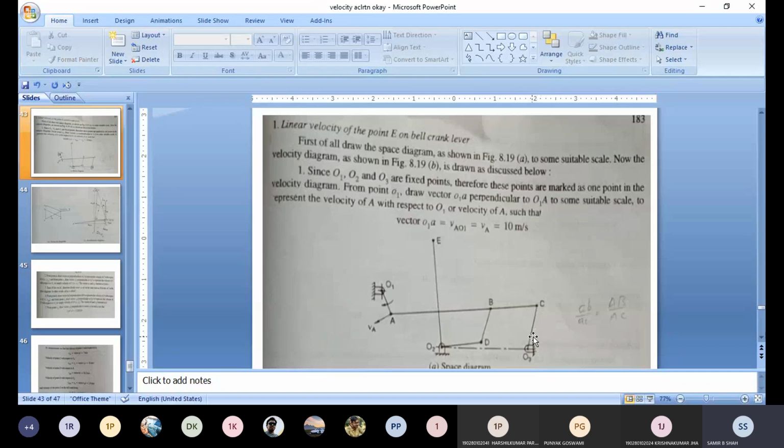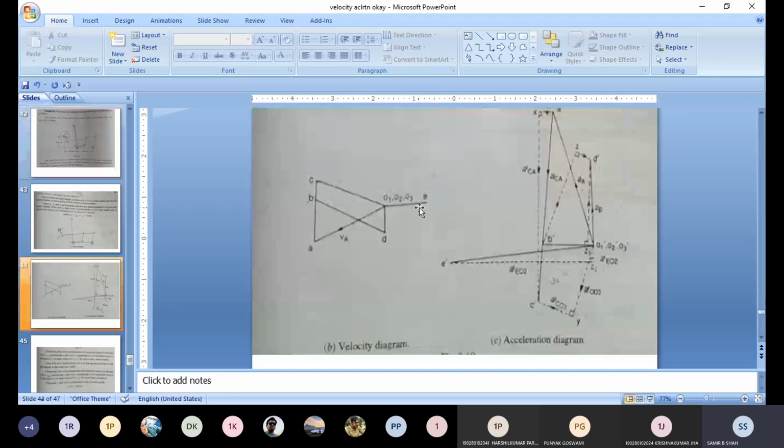So from O3, take a perpendicular line. From small a we have drawn the perpendicular line for AC, and now from O3 draw a perpendicular line, and it intersects at C. AC and O3C intersect at point C. So this is the basic triangle you get: O1, A, C, O3.